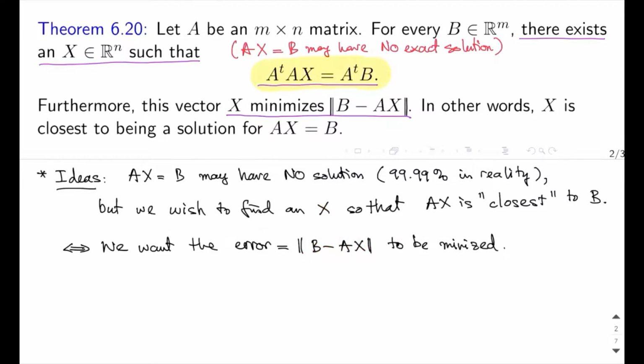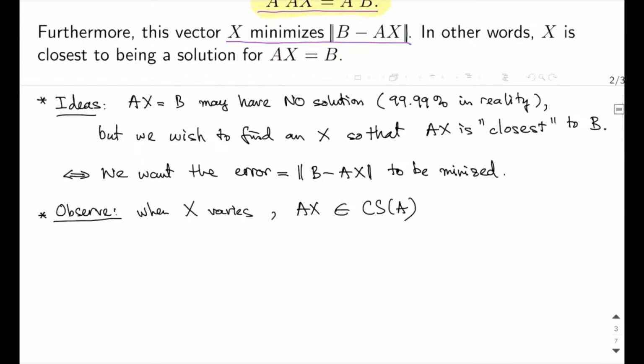So we need to search for an x so that b minus Ax is minimized. Now we observe that when x varies, Ax is going to be inside the column space of A, because A is the combination of n columns. x is a vector of n entries.